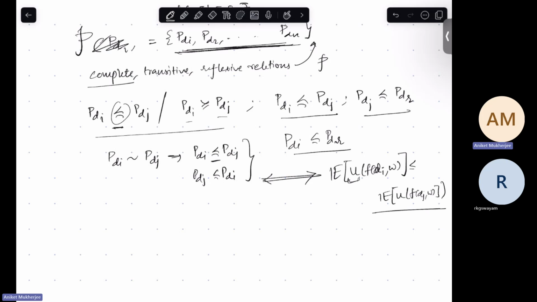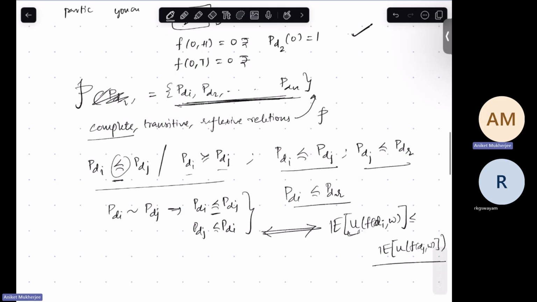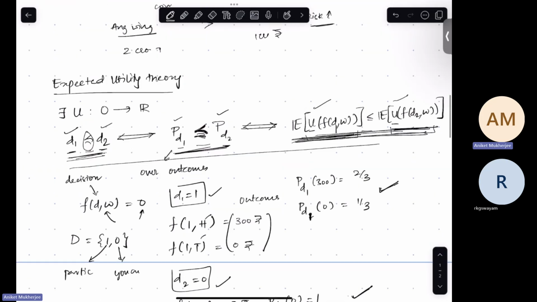By form, I mean that the utility function that this shows existence of, there is also a theorem for uniqueness. So the utility function would be unique, but suppose there's some other u tilde which satisfies this equation. This is my equation. Then you can basically write u tilde as s1 u plus s2, where s1 is greater than 0. s1 and s2 are both real numbers.